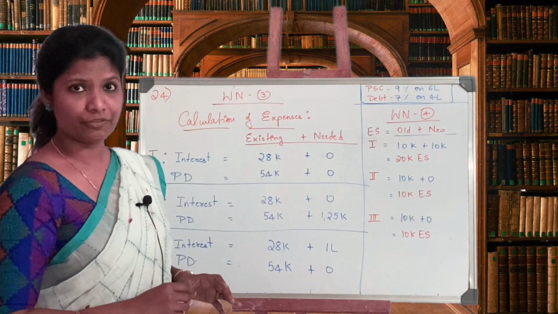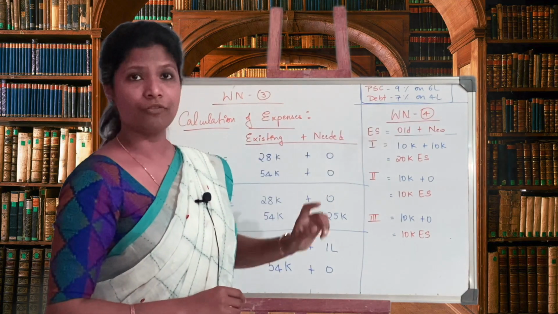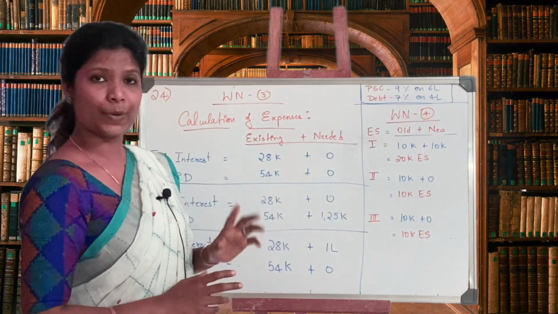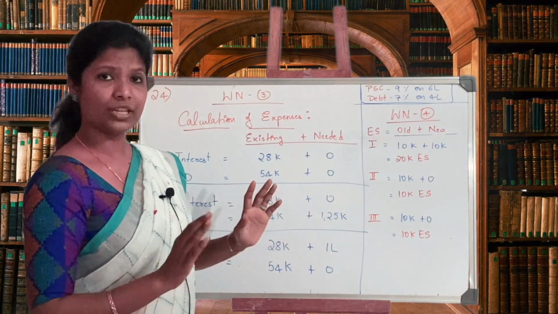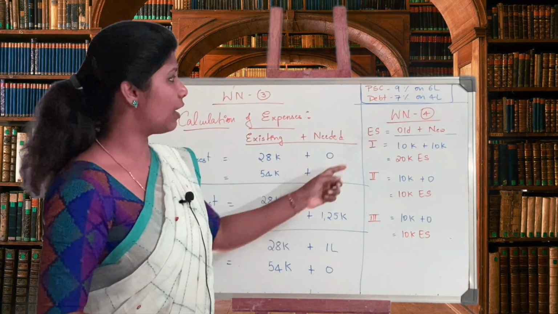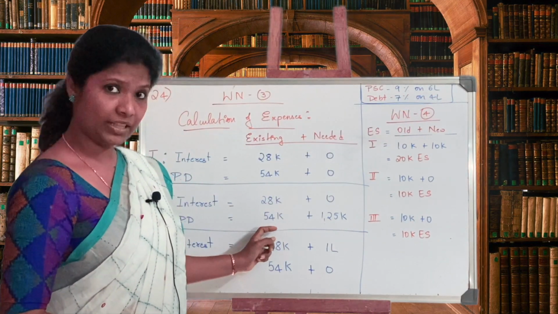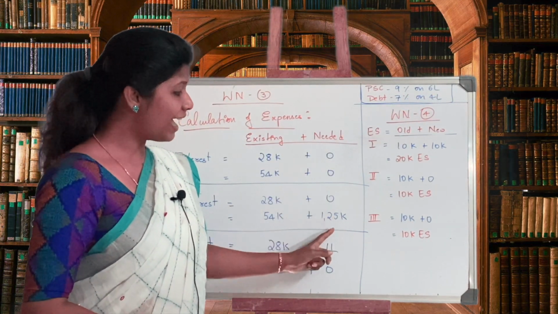It's completely preference share. So only existing we will consider, 7% on 4 lakh is interest 28,000. So under needed capital interest it's 0. Under preference dividend, existing is 54,000, that is 9% on 6 lakh rupees, and 1,25,000.